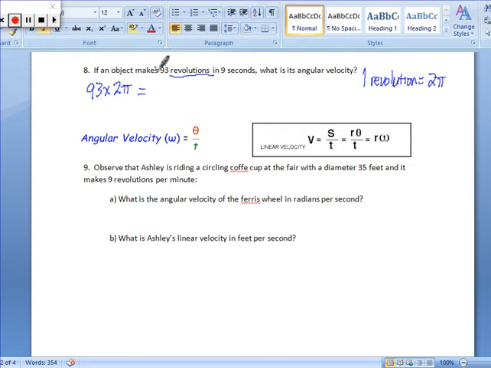Here you go. So you can either do 186 pi, or you could just find the decimal, which is 584.3362335677. Remember, you can't round until the very end.